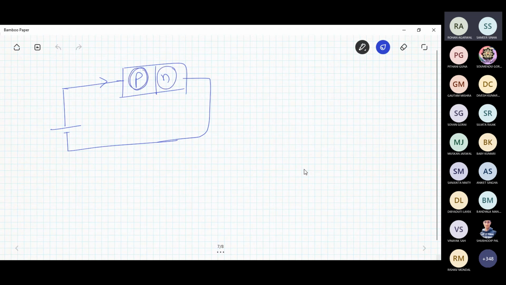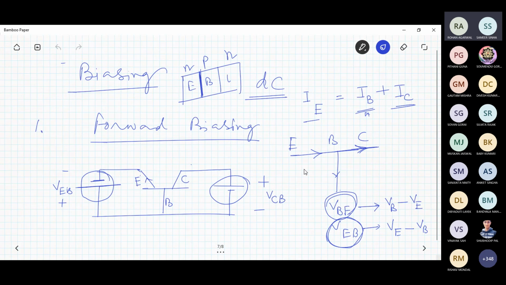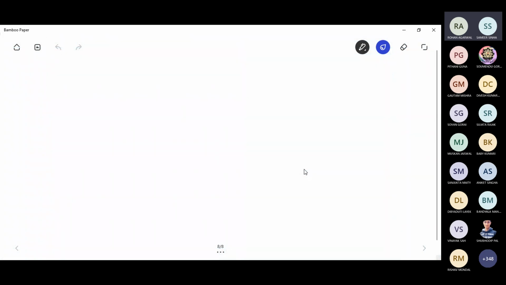Look at this. What is the emitter for NPN? This is an NPN transistor, right? Base is positive, so I have connected the base to the positive and N to the negative. And that's the story for PN junction forward bias. The same concept, only we are dealing with two different junctions.